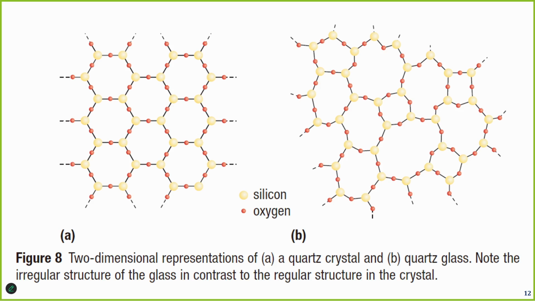Glass has a much more disordered structure than quartz, which is shown here in figure 8b. Cooling molten glass quickly forms a structure that is not crystalline. In fact, glass more closely resembles a very viscous liquid than it does a crystalline solid.